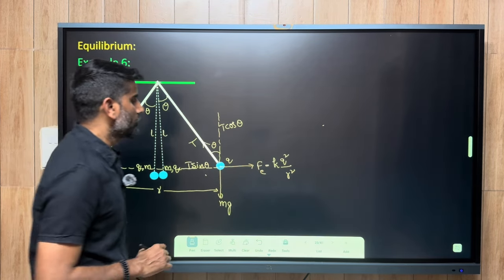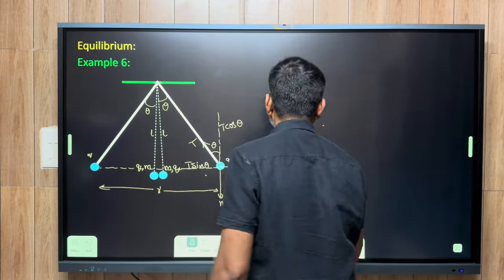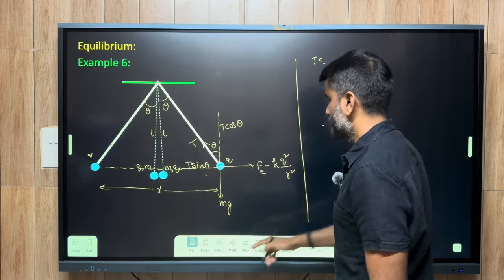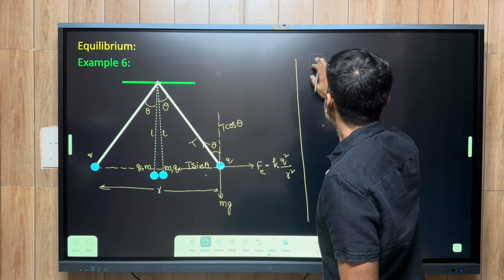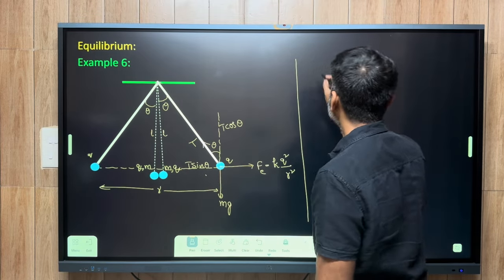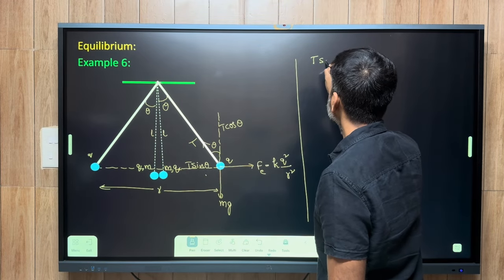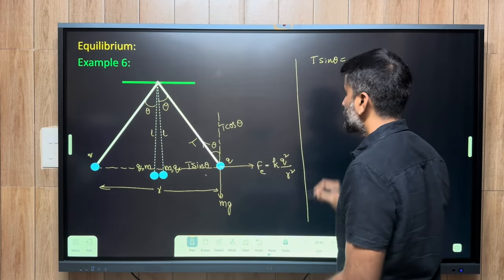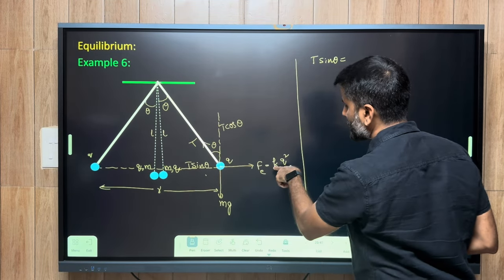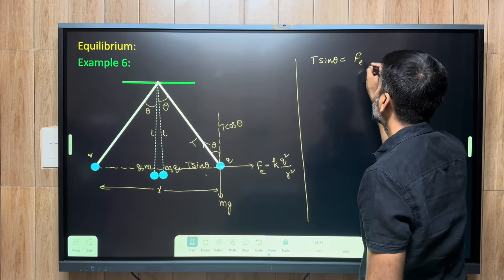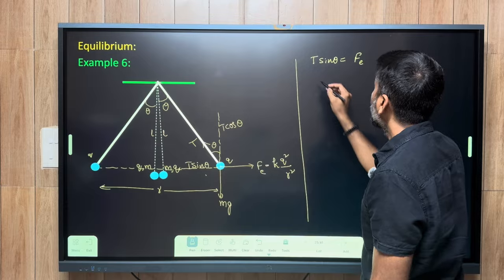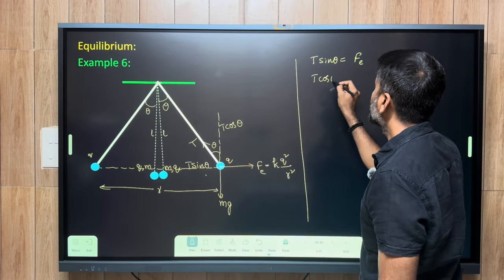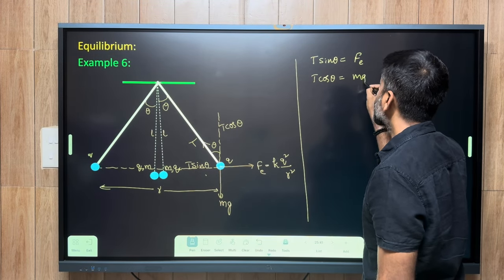Now from this diagram, we can understand that T sin theta is balancing the electric force, the electrostatic force, and T cos theta is balancing the weight of the object.